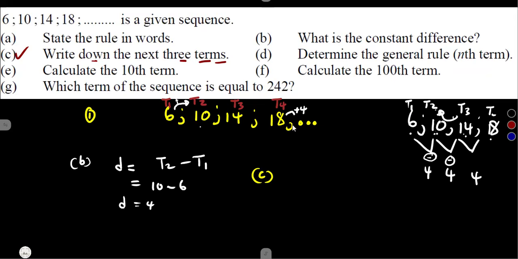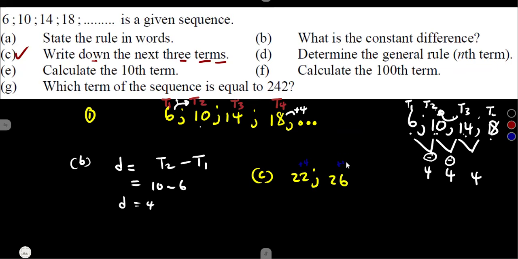That is the condition. So the next term is going to be 18 plus 4, which is 22. This is the next term. Followed by what? At 22, we are supposed to add a 4, that difference, to get the next term. So 22 plus 4 will be 26.